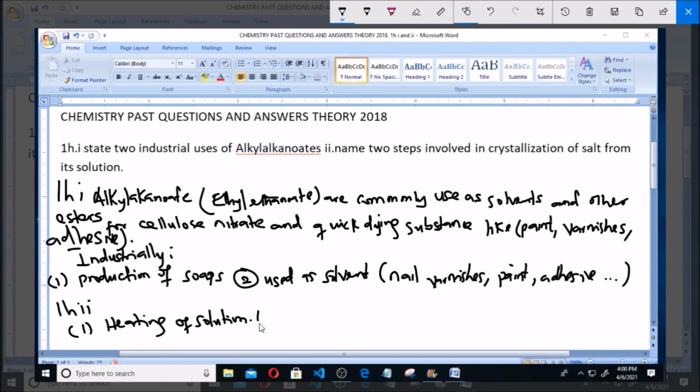Then this heating must not be strong heat, so as not to decompose the salt.